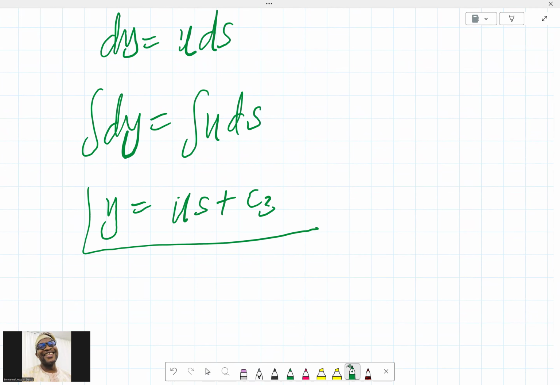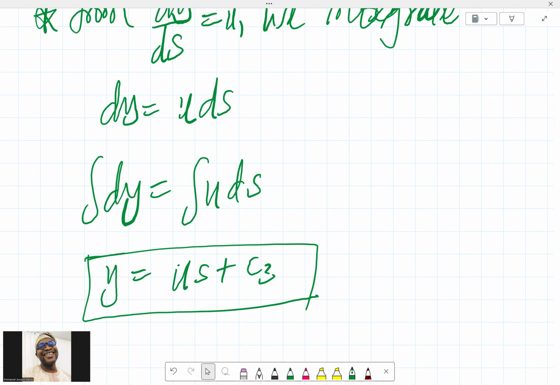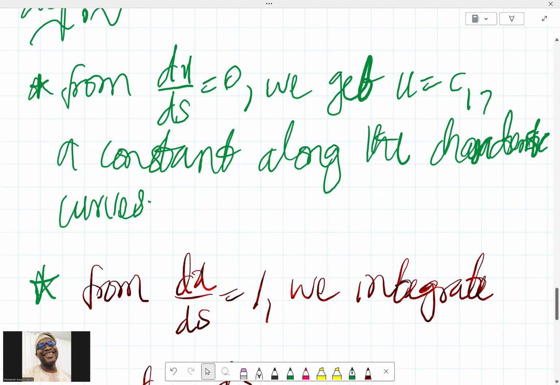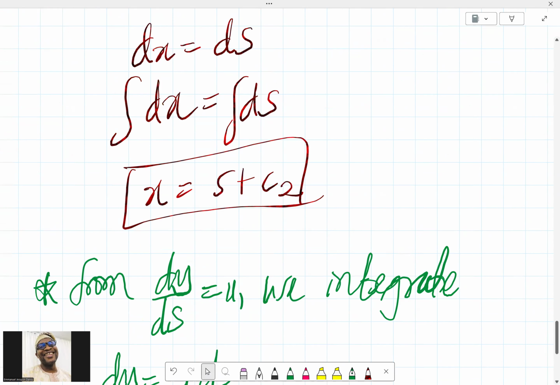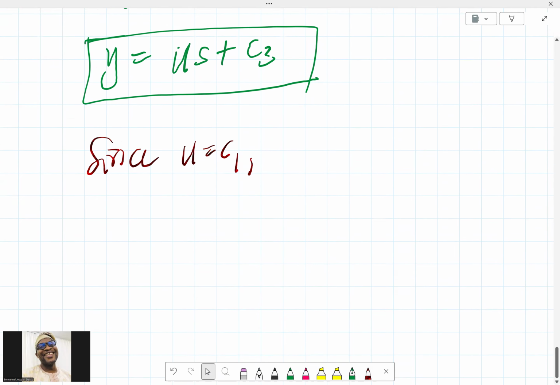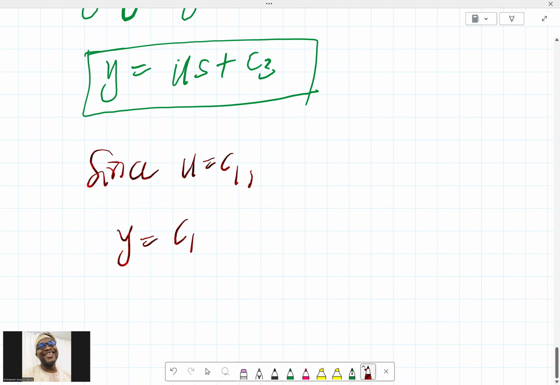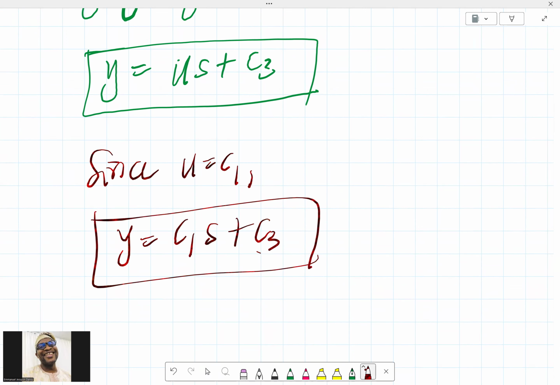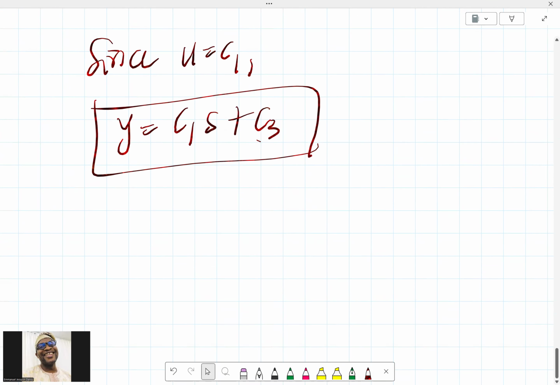And don't forget that we already got u to be c1. So since u is equal to c1, we now have y equals c1s plus c3.